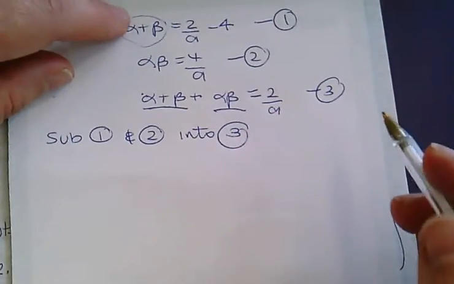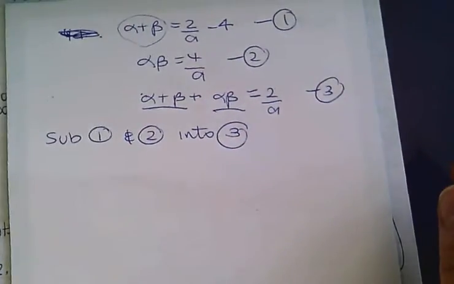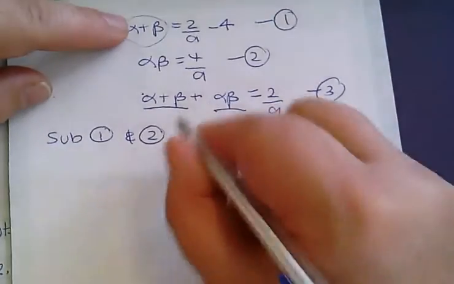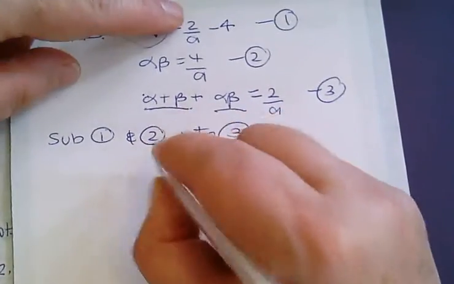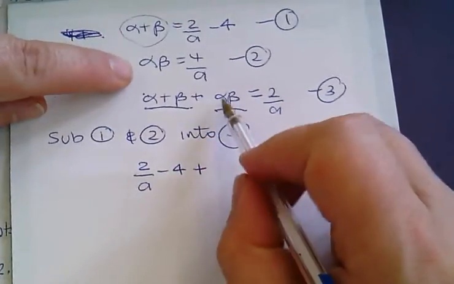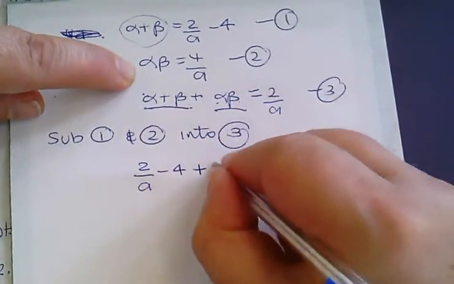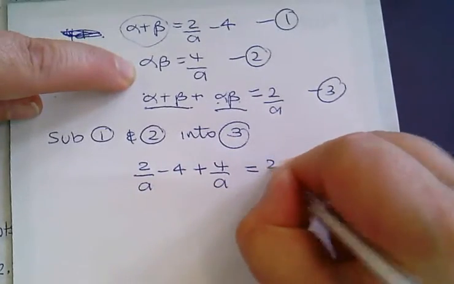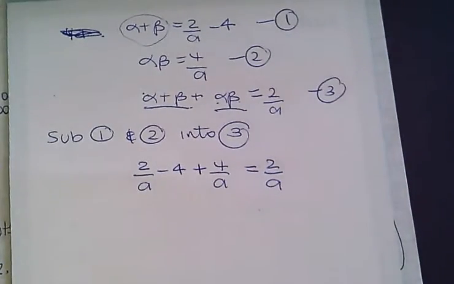And the reason we do that is that we eliminate all the alpha and betas and we find out what a is. So we're going to replace this alpha plus beta with 2 over a minus 4, plus we're going to replace this alpha beta with 4 on a, equals 2 on a. And now we can just multiply through by a.